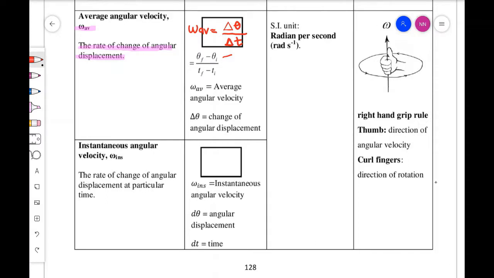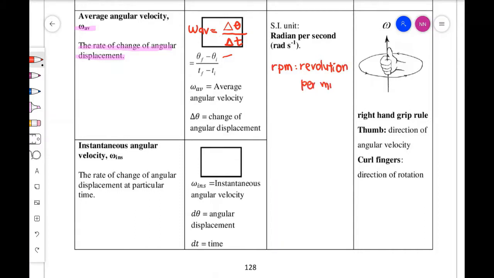Sometimes the question gives you the unit for angular velocity in RPM, which stands for revolution per minute.